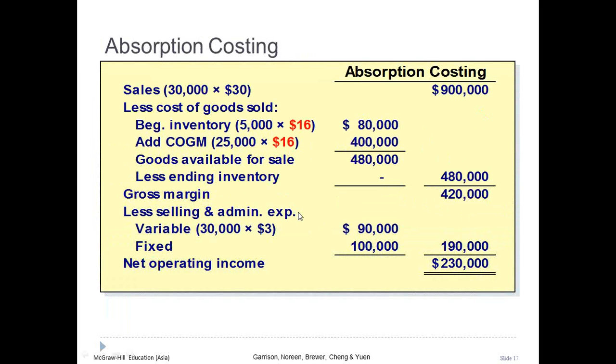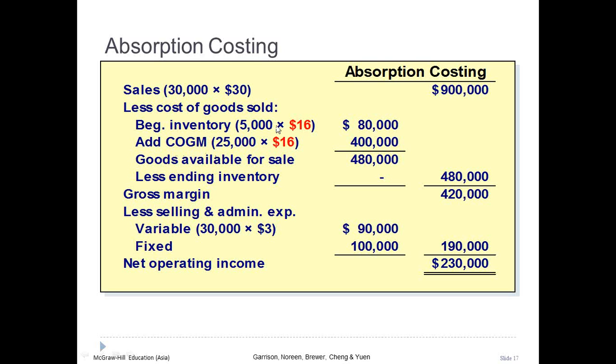Now, full absorption costing, here we see the results. 30,000 units times $30 gives us $900,000. We're going to subtract cost of goods sold. It's fully loaded. 25,000 units, cost of goods manufactured.